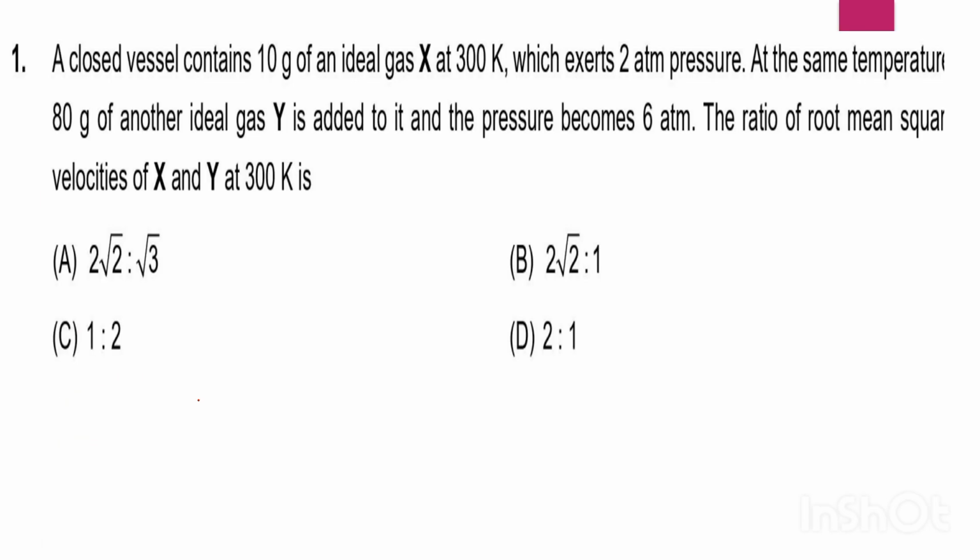It turns out to be root over 20 by 5, which is root over 4, that is 2. So Vx by Vy turns out to be 2:1.